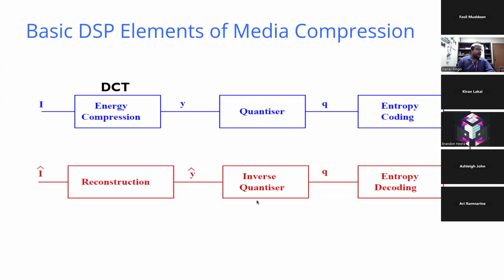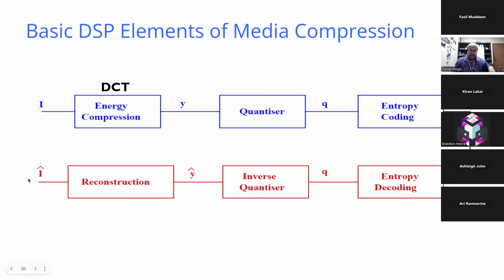I have here an inverse quantizer just to kind of match the two, but realistically, it is near impossible to dequantize signals. So a lot of images would leave this out. And then our reconstruction, which will be our inverse energy compression. And you see that we have our source I, and then we have our viewable media I hat.